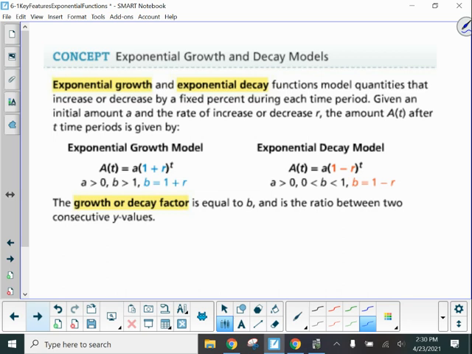Your growth or decay factor is going to be your B value. For growth, B is 1 plus R. That's how we got that 1.013 in the previous question. Your decay factor is 1 minus R. So if something decreases by 15%, then your value is going to be 85% of the original.